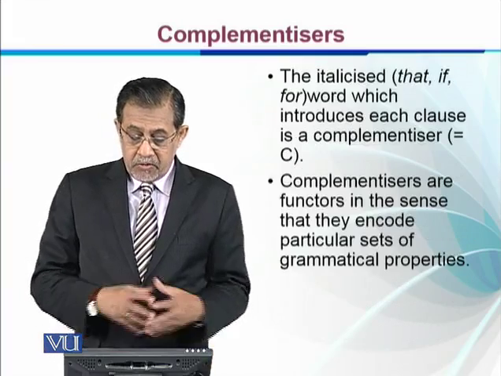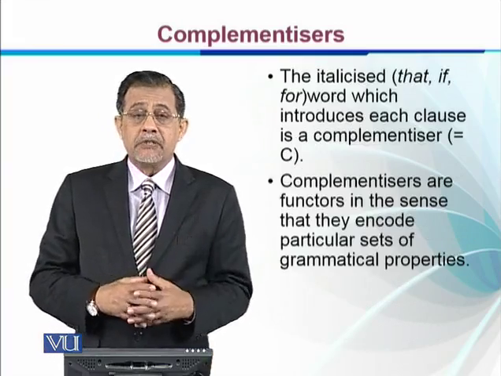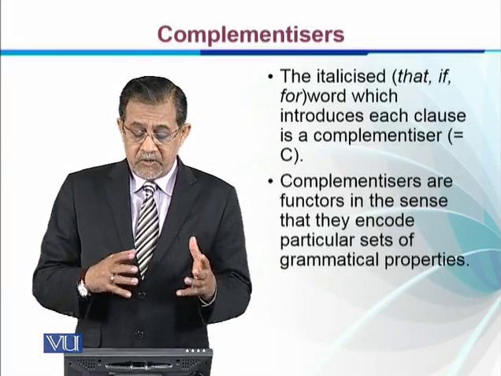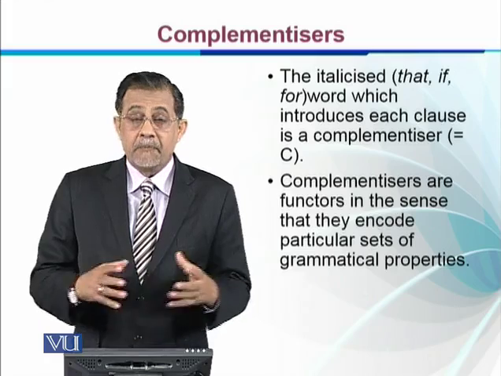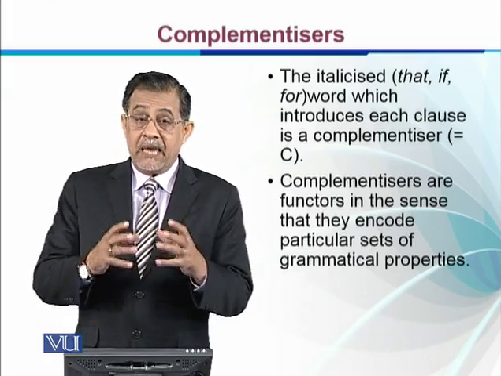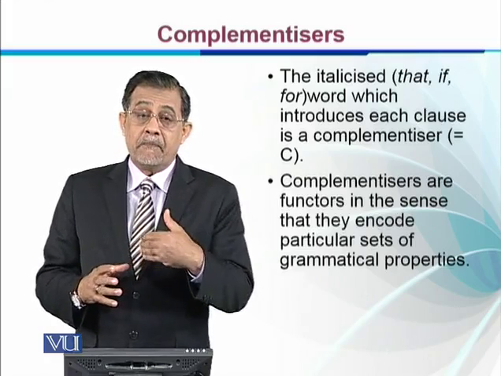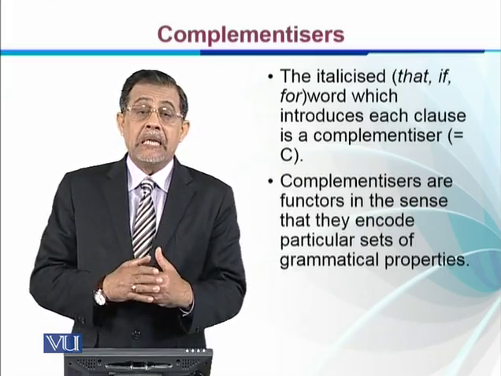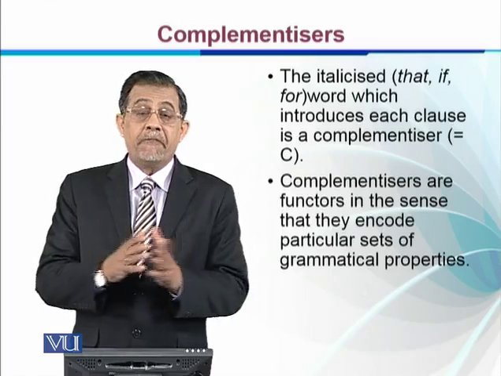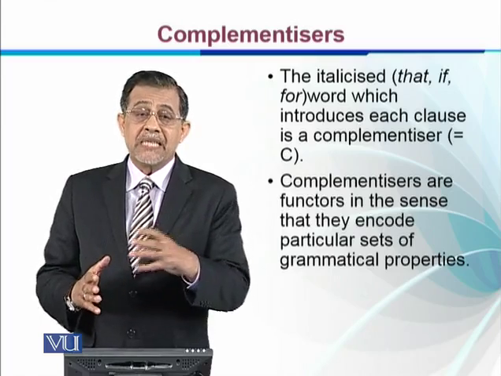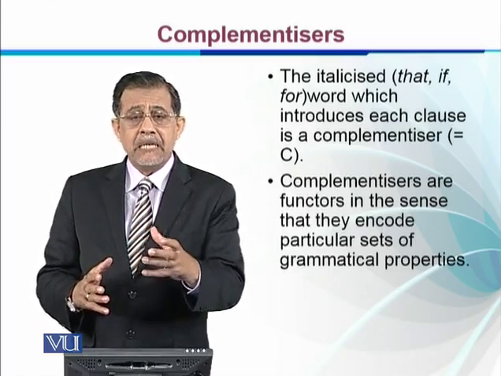Right? So complementizers are functors in the same sense that they encode a particular set of grammatical properties. So they have certain grammatical properties. They complete the meaning of the word preceding them. If they are not introduced, the sentence remains somehow incomplete.